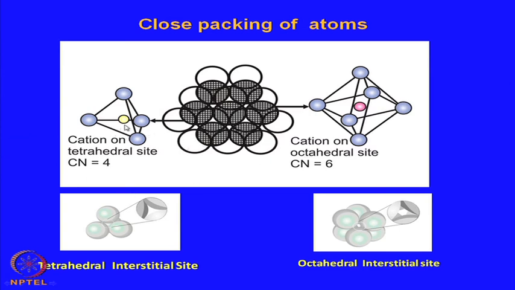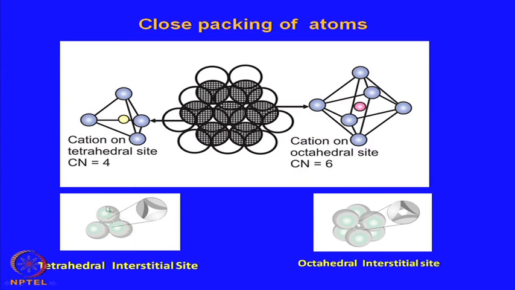There is another set of interstitial sites which has a coordination number of 4. In this case the atoms form a tetrahedron, and in the other case they form an octahedron. So, the coordination number in this case is 6 and here it is 4.